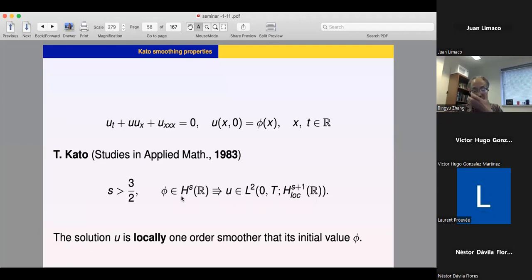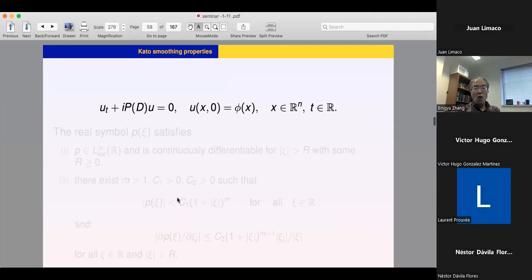But of course, you have to restrict to a compact domain. This property is called local Kato smoothing. And it turns out this kind of smoothing is a common feature for all dispersive wave systems.